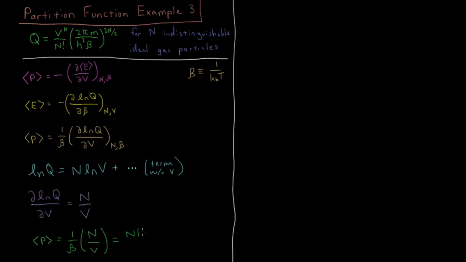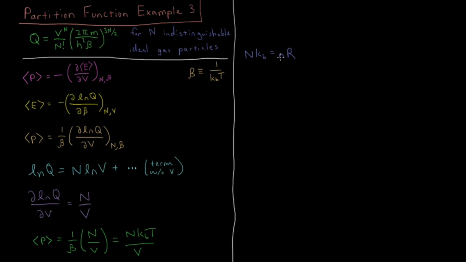So we have NkT over V. But again, we need to remember that number of particles times the Boltzmann constant is exactly equal to number of moles times the macroscopic gas constant R. This is just Boltzmann constant times Avogadro's number gives you R, and number of particles divided by Avogadro's number gives you n, number of moles.